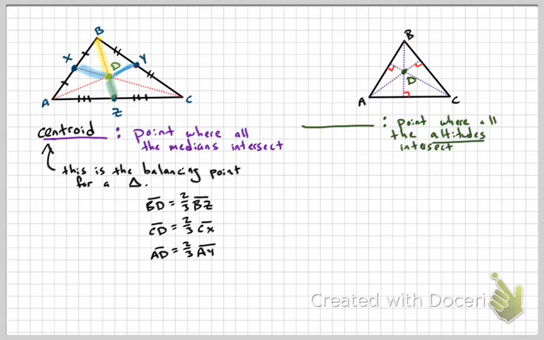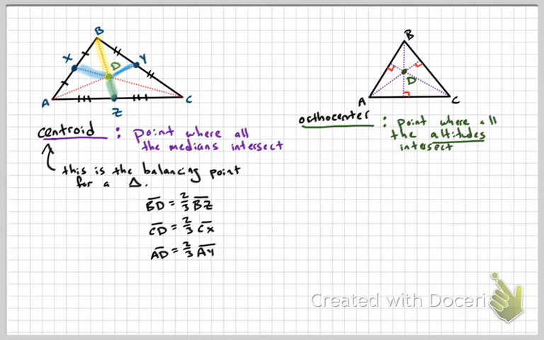So the point where all the altitudes intersect, that is called the orthocenter. Not as important as the centroid by any means, not as important as the incenter or the circumcenter, okay? But it does have a name, and that's pretty much all that you need to know about that, is that where the altitudes intersect, that is the orthocenter.